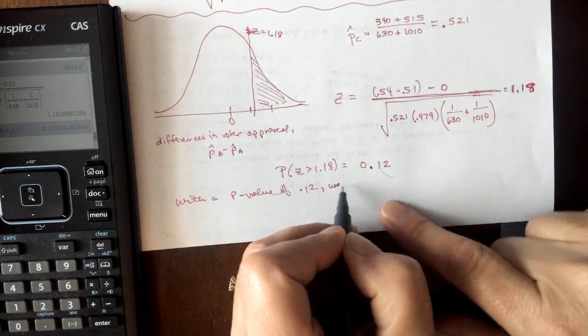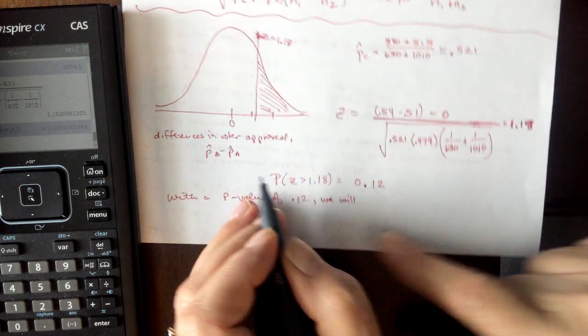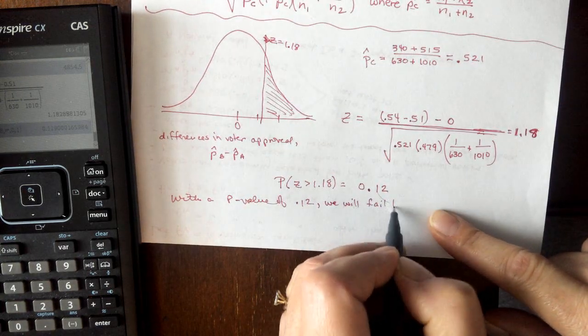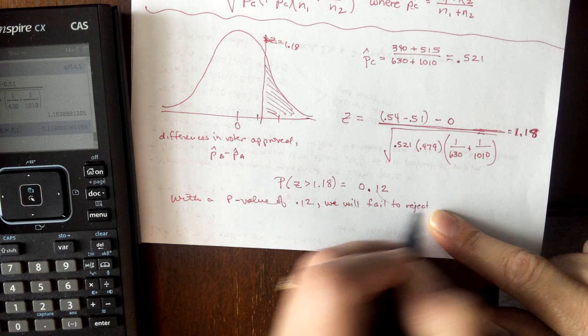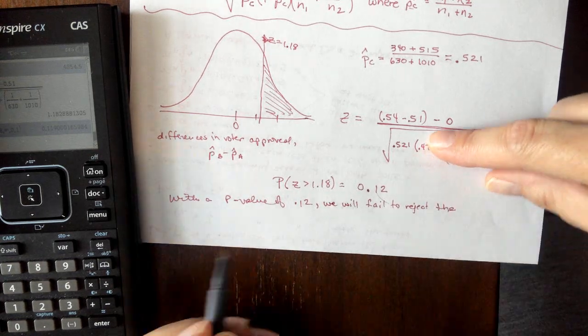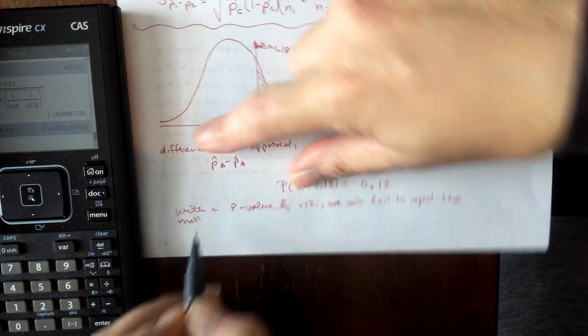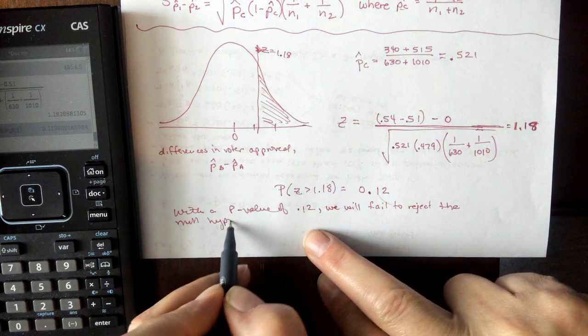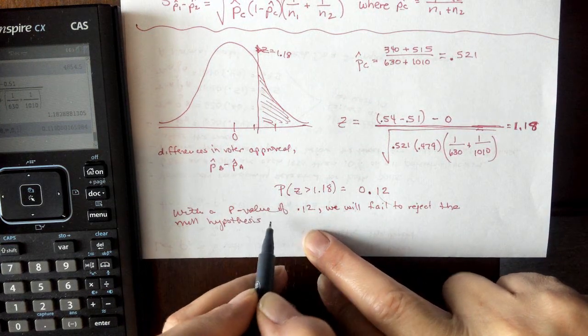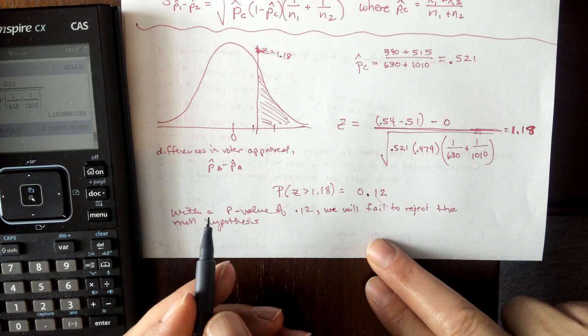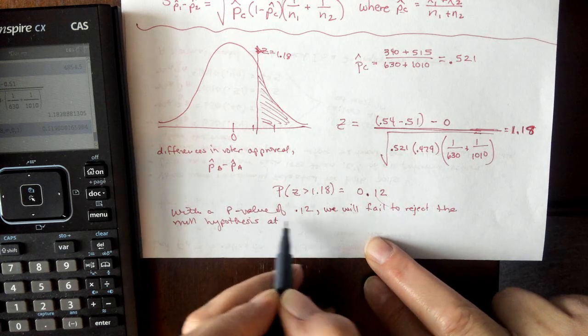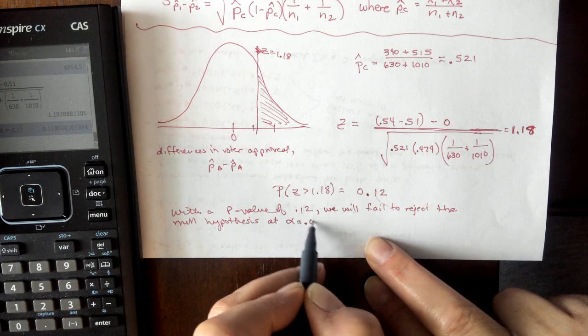We will fail to reject the null hypothesis at an alpha level of 0.05.